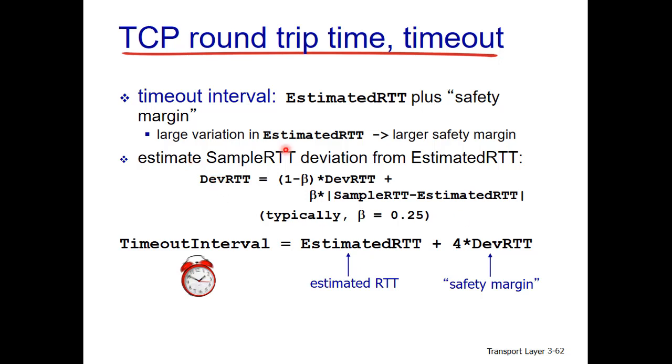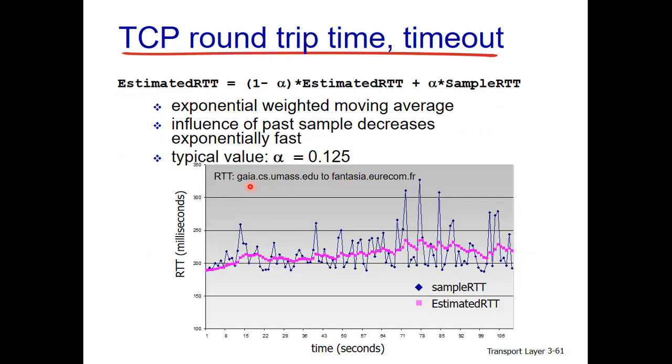So the deviation RTT, which is the safety margin, is computed as: deviation RTT equals 1 minus beta times the previous deviation RTT, plus beta times the absolute value of sample RTT minus estimated RTT. The typical value of beta is 0.25. In this formula, initially you start with an initial value, and then in the next iteration you use the old value of the estimated RTT.